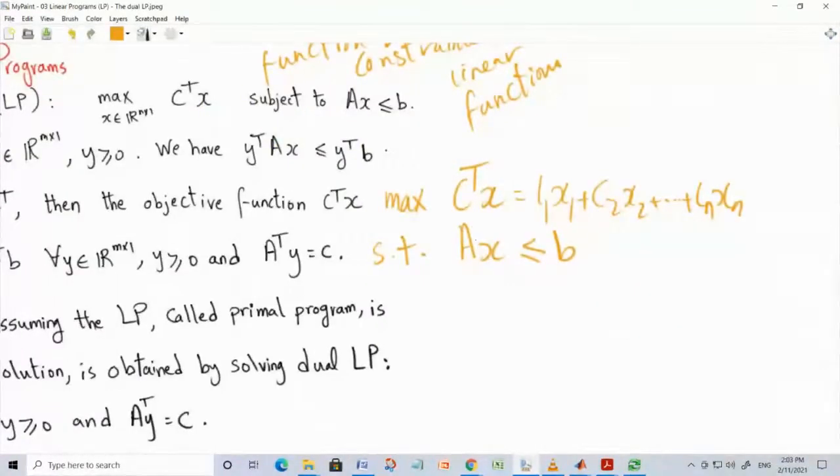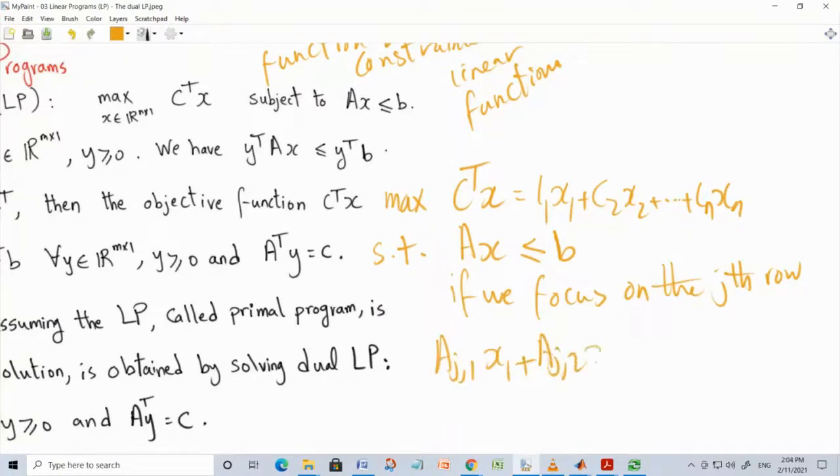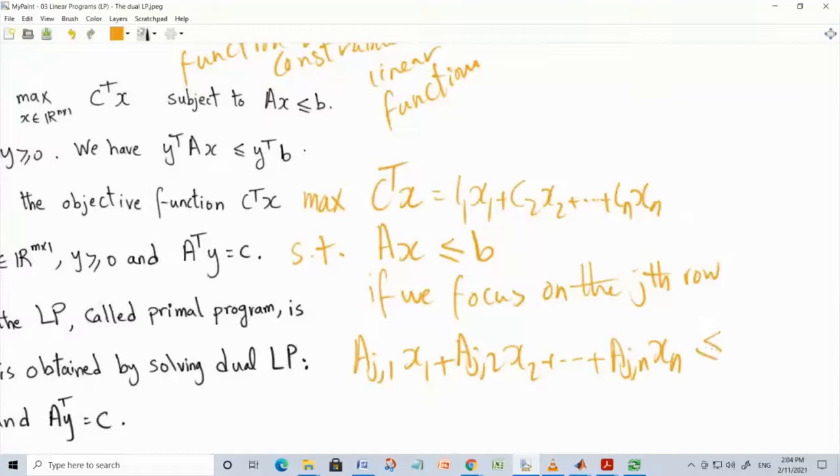You can explain this inequality row-wise. If we focus on the jth row, then Aj1x1 plus Aj2x2 up to Ajnxn is less than or equal to bj.